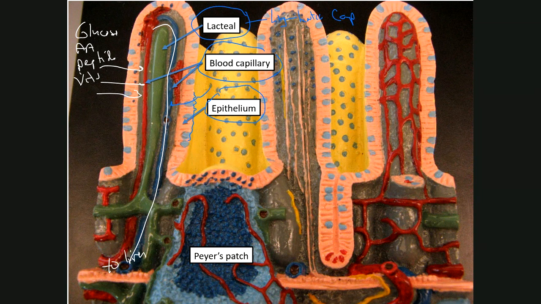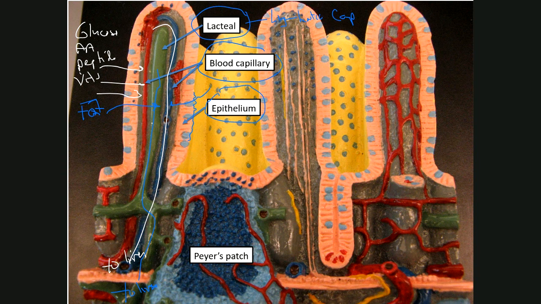But if you're talking about fat, it does not get transported through the blood. It gets transported by way of the lymph. So it's going to go in here. And then again, it's also going to go to the liver.